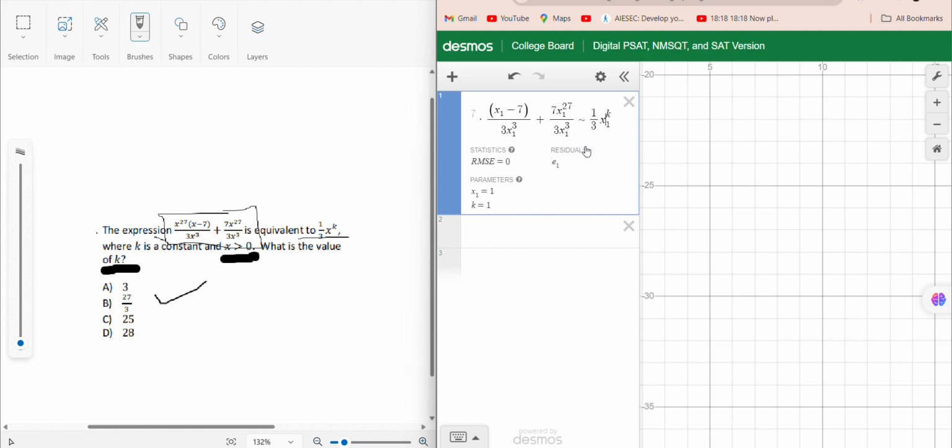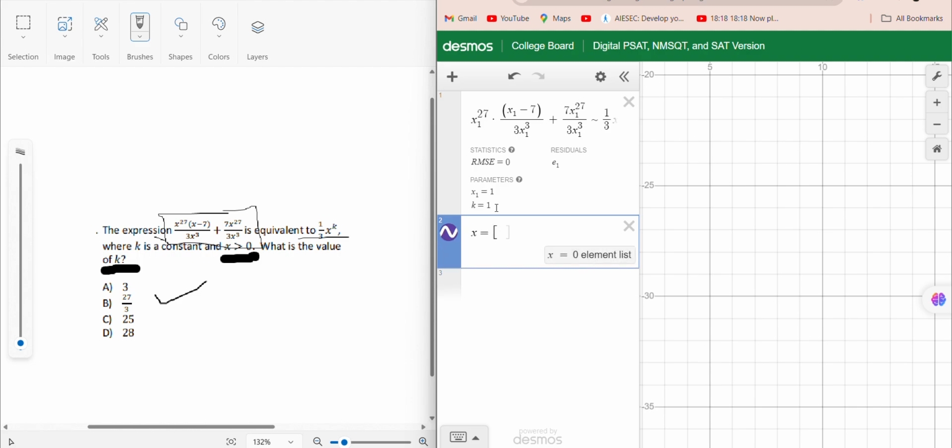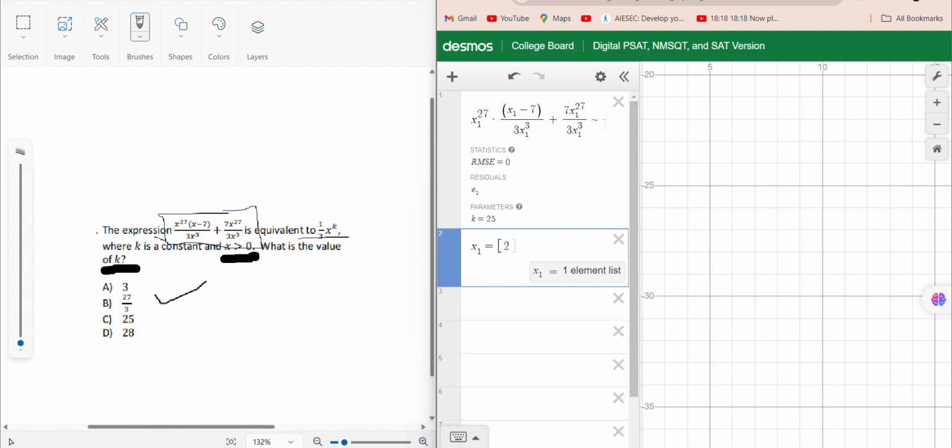To find the value of k, see, when x equals 1, k equals 1, so we have to change the value of x. I will be changing it as I list the elements. Let x equal 2.